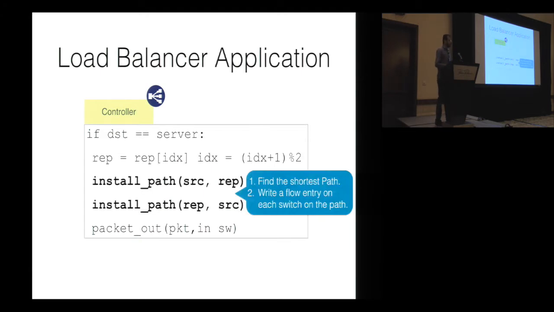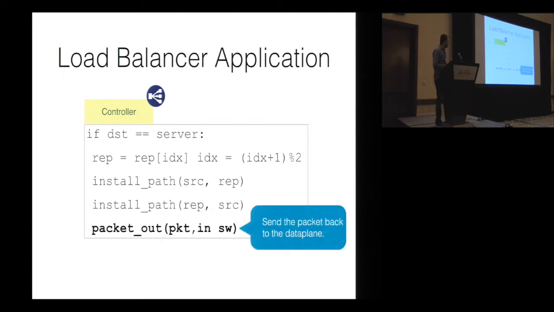Then from the replica back to the source to send back the switch, write a flow entry to forward the packets of the plane, so it continues its own way.